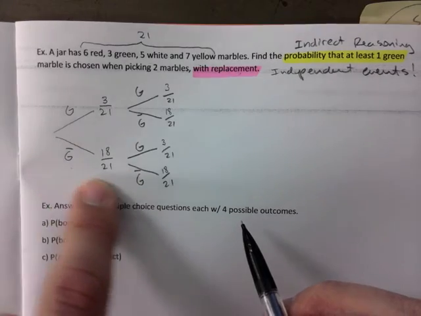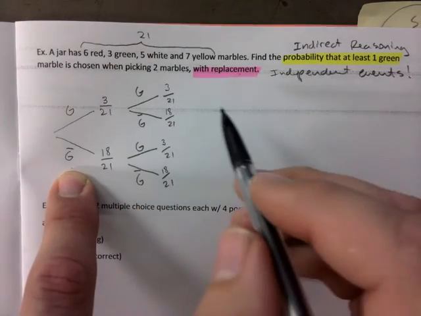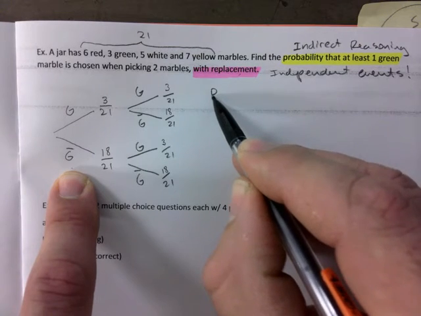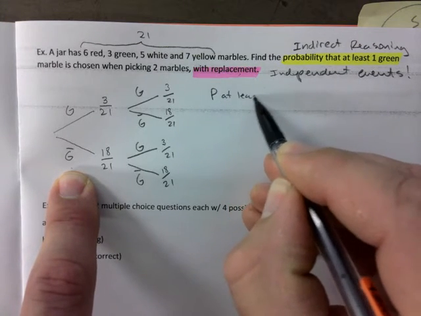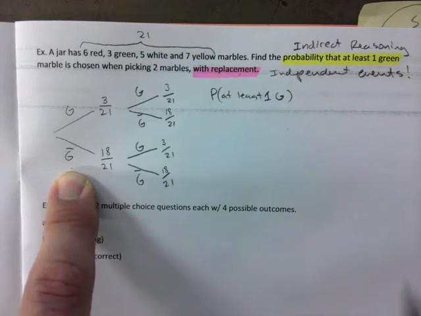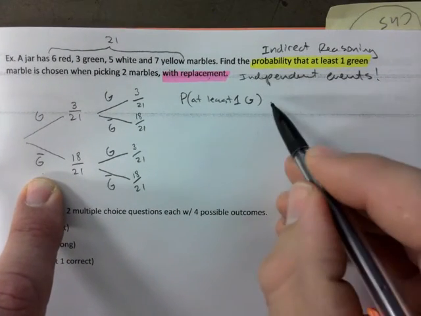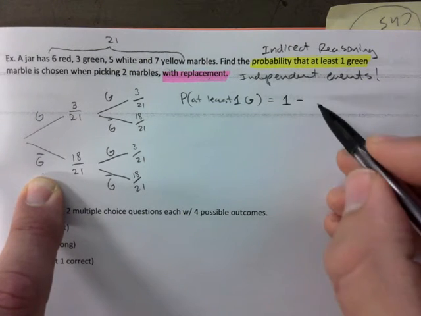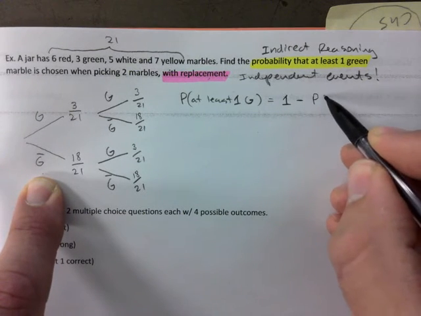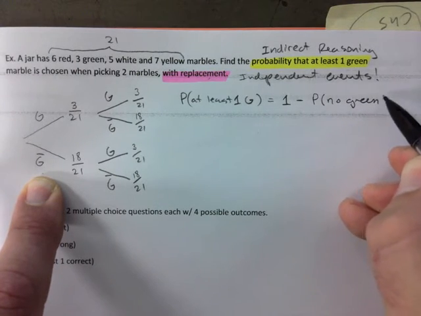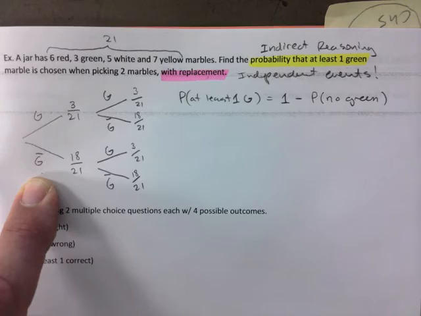Okay. Anyways, what we're going to focus on is probability of at least one green, right? What I'm going to focus on is 1 minus probability of no greens. Okay, that's what I'm going to focus on.